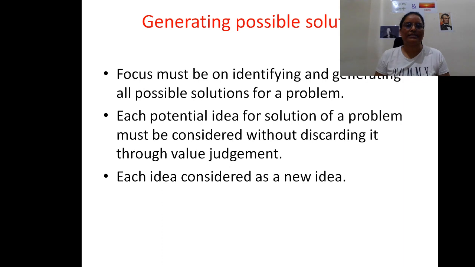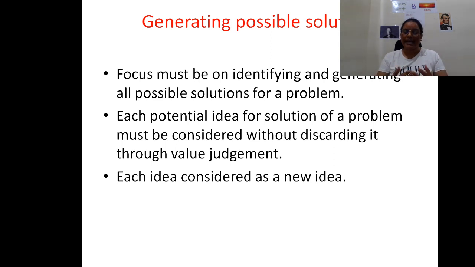Then the third one is generating possible solutions. Focus must be on identifying and generating all possible solutions for a problem, because maybe one solution is not sufficient to solve that problem. That's why we have to collect 2-3 ideas to solve the problem, and each potential idea for a solution of a problem must be considered without discarding it through value judgment.